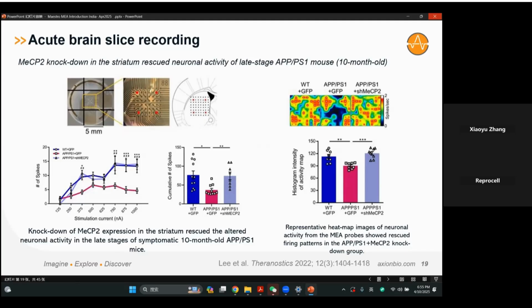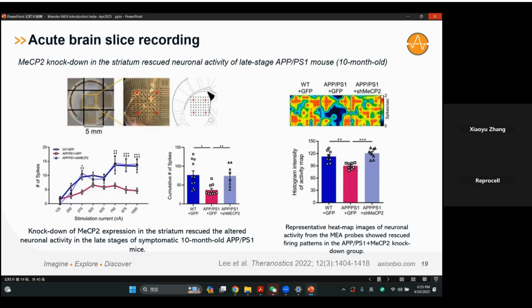The MEA data show that knocking down MECP2 expression in the striatum rescued altered neural activity in those symptomatic mice. The high current stimulation showed significantly reduced firing in APPPS1 mice, which was restored in the MECP2 knockdown group.